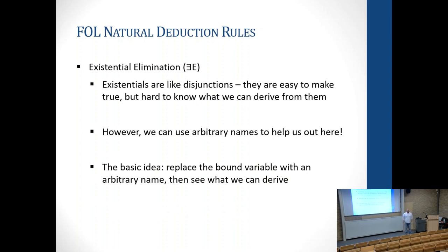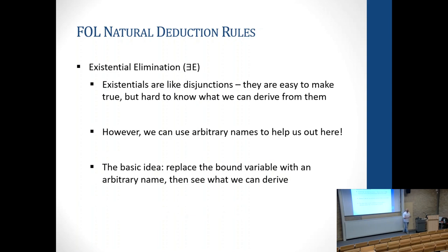The reason that existential elimination is the most difficult is that existentials are basically disjunctions. An existential is effectively equivalent to, right, for A, or for B, or for C, or for D, or for E, for every single possible name. And just like how disjunctive elimination was difficult, the same issue is going to happen here. The nice thing is we can make do with arbitrary names to help us out.